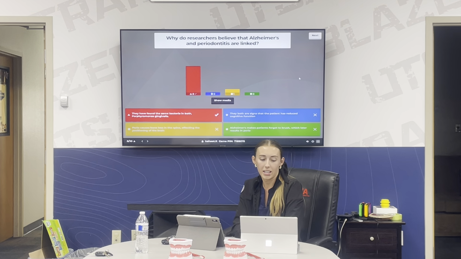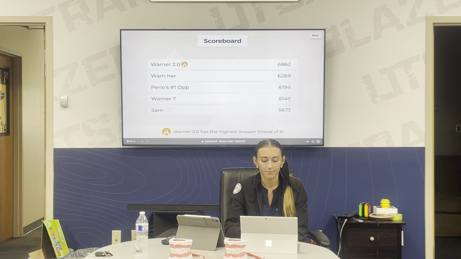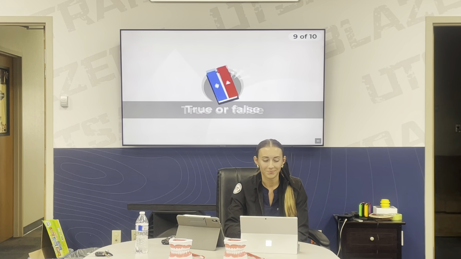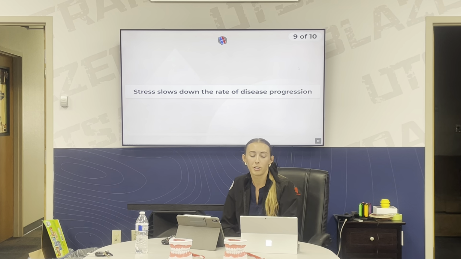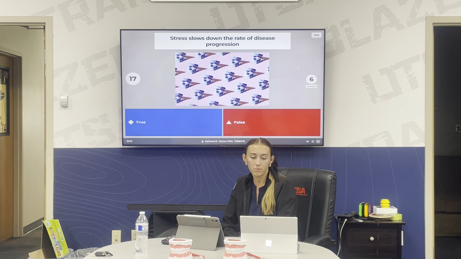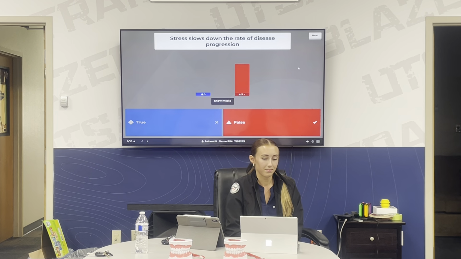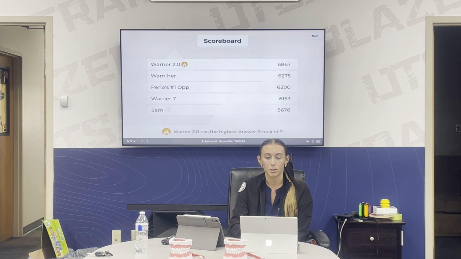Nice. They have the same bacteria, P. gingivalis. Okay, stress slows down the rate of disease progression, true or false? Good job. Stress speeds up the rate of the progression.